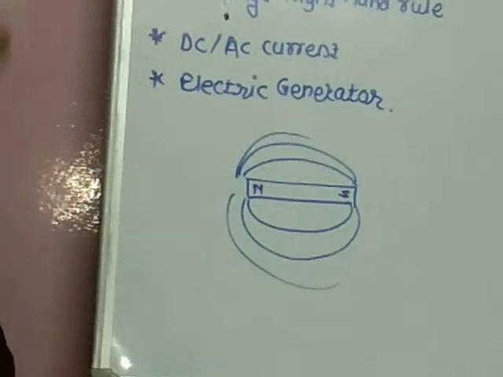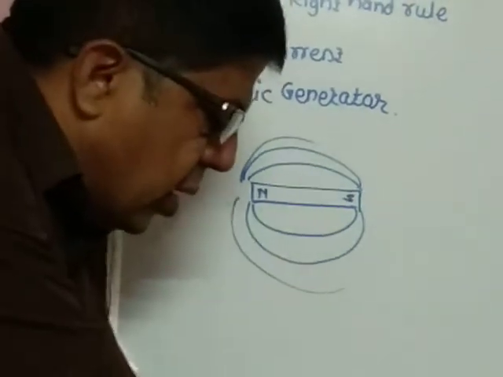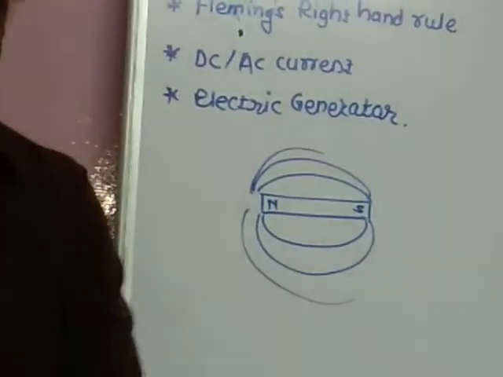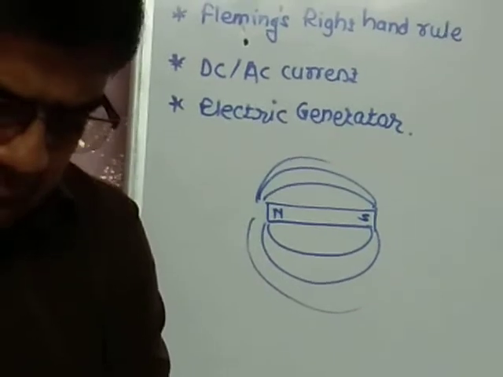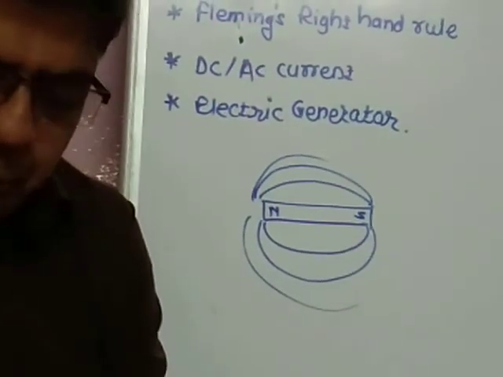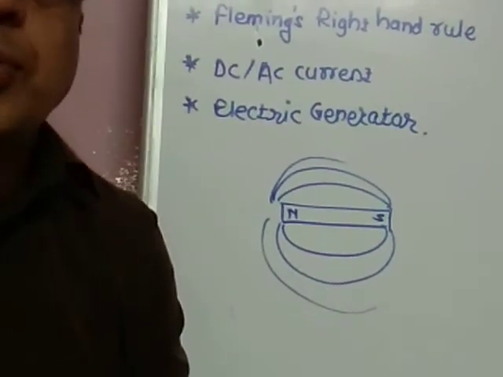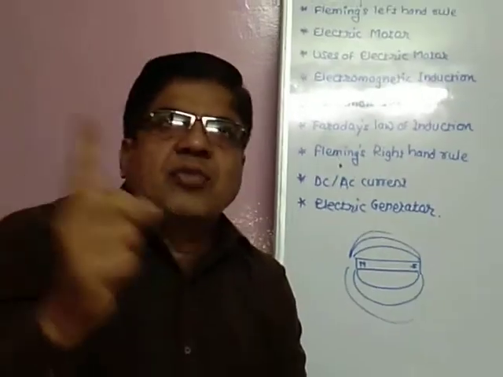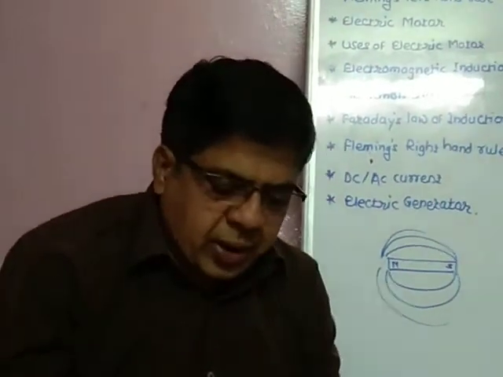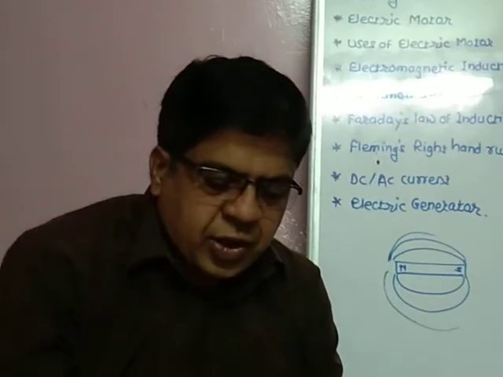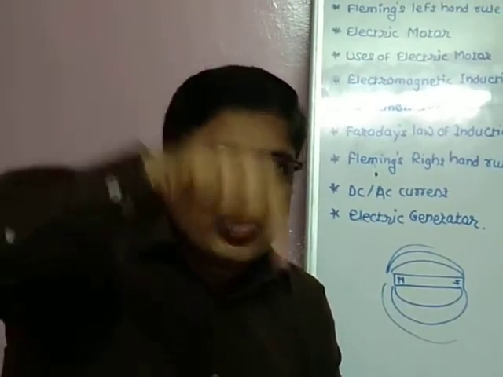That means Faraday says that whenever magnetic lines of force pass through the coil, suppose this is a coil, a current is induced in the coil.